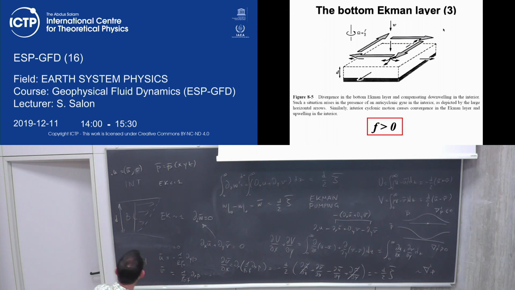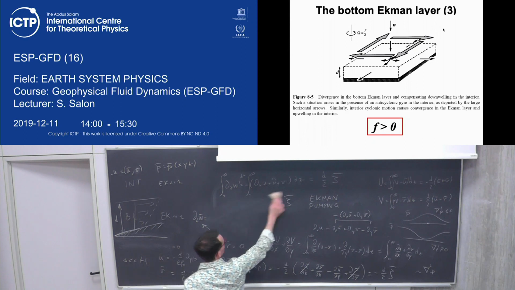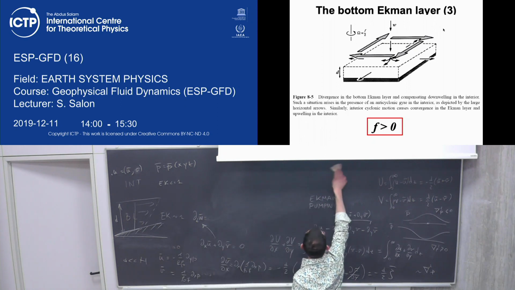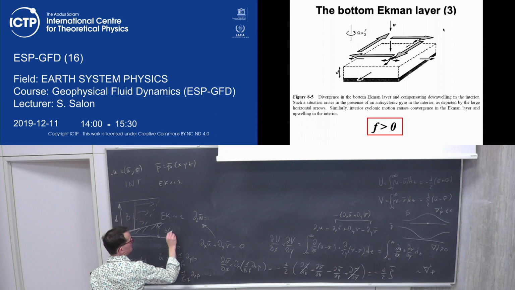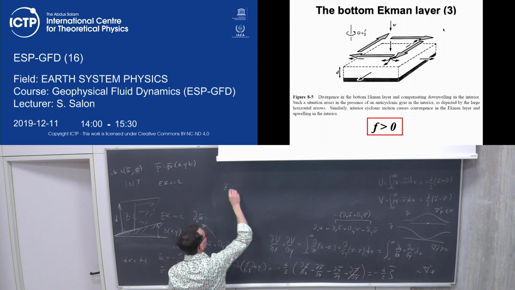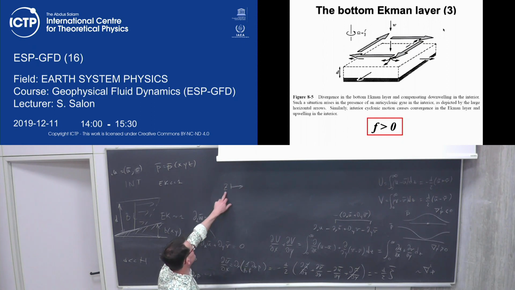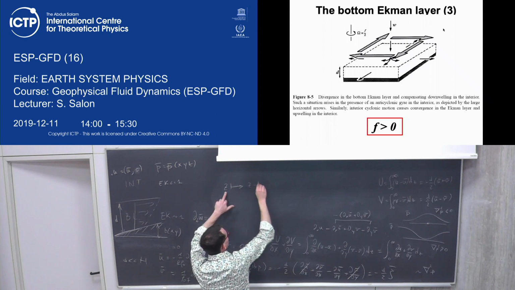Okay, so just to create a little bit of confusion, I'm joking, but if we don't have a flat bottom, but we have something like this, a topography, okay? The solutions are exactly the same as we had before. So if this is again b, which is a function of x and y, we will have all the same thing as before, the only difference is that instead of z, we will have z minus b.